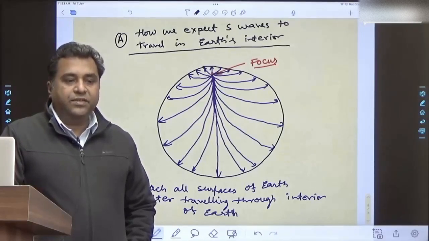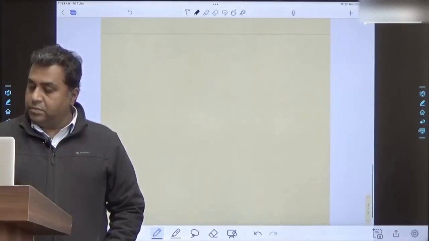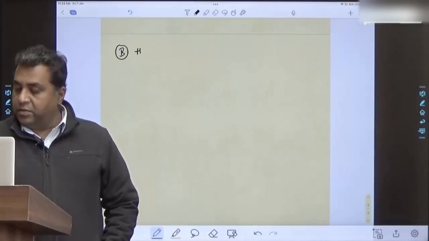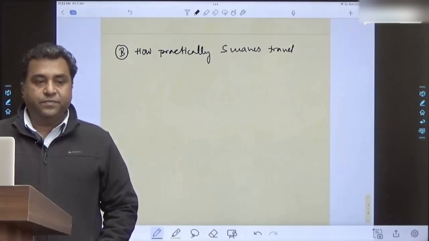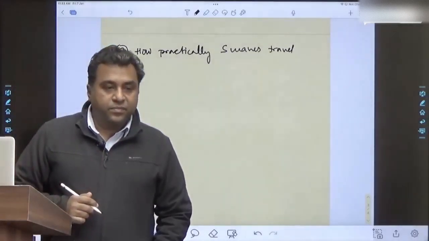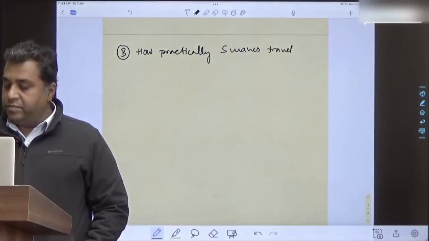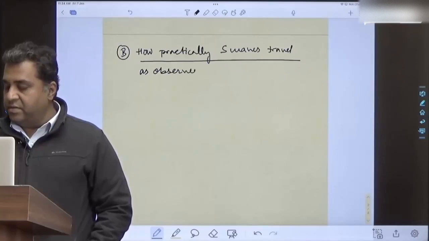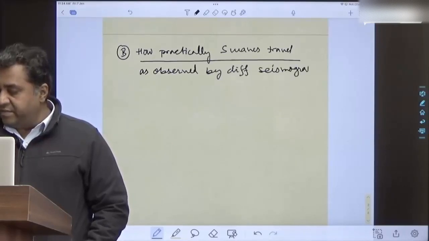Now, let me draw the next diagram. B part: how practically S waves travel, as observed by different seismographs across the earth.